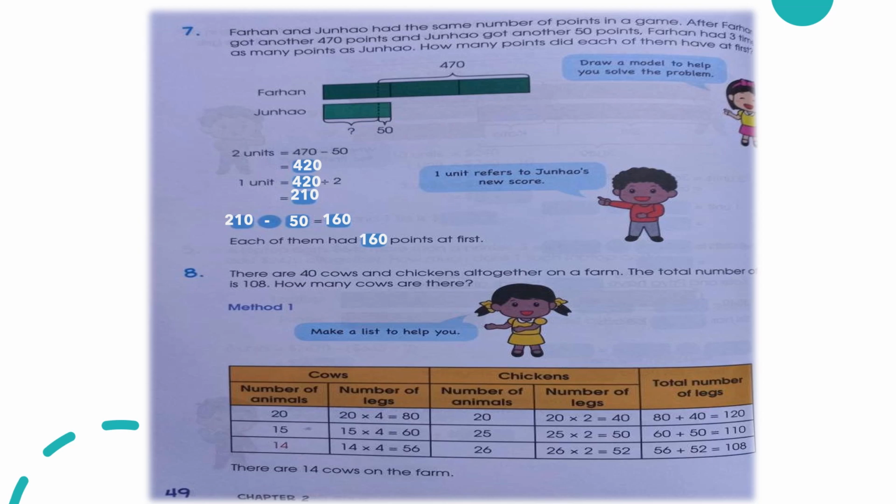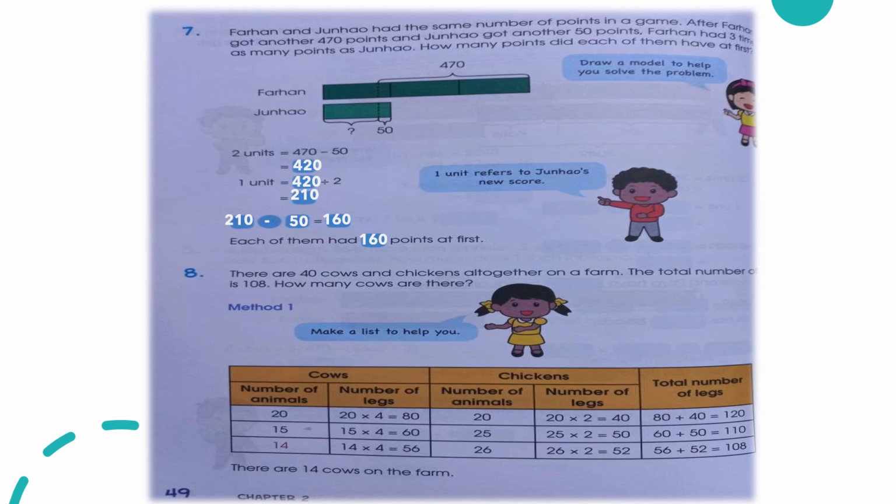If there are 20 cows, then 20 times 4 is equal to 80 legs for cows, and 20 times 2 is 40 legs for chickens. But they collectively make 120. So this is wrong because the total number of legs was 108.